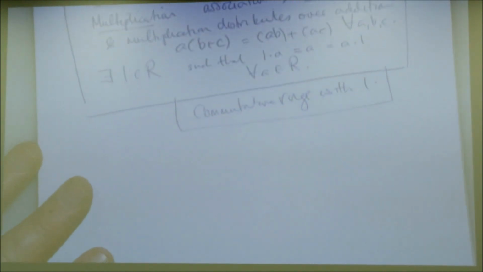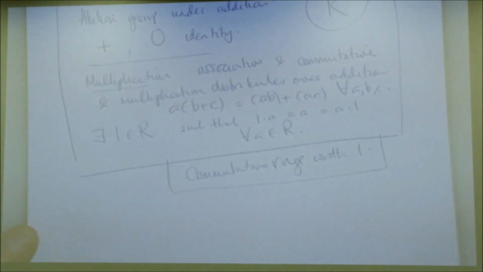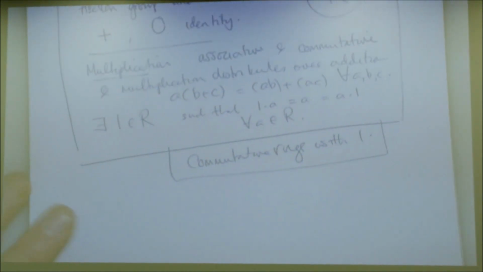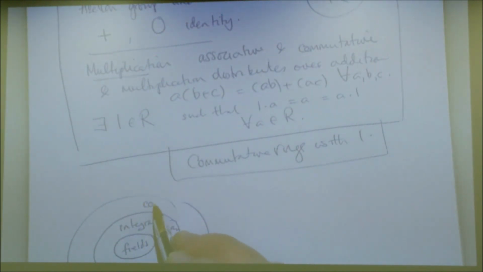Now, we can focus upon special attributes that these things might have. And there are a vast number of different types of ring, but for the purposes of this course, we focused upon 3, or perhaps 4. Okay, so the most special are fields, and then every field is automatically an integral domain, and every integral domain is automatically a ring.